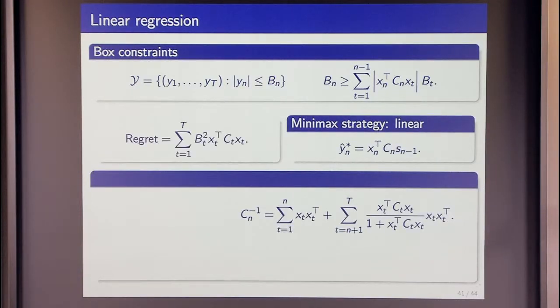One thing I wanted to point out is that the regret looks like this quantity in terms of these x transpose Cx values, and they're what arise in here, right?